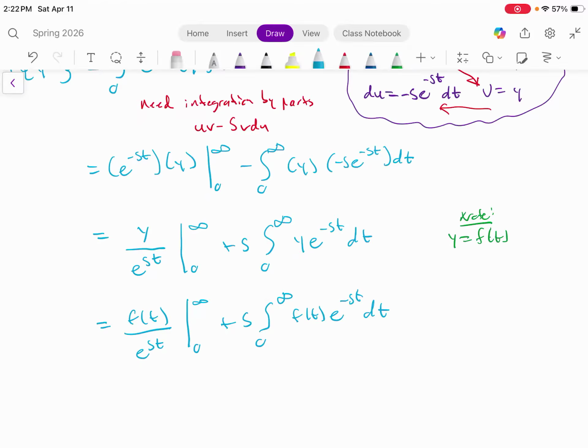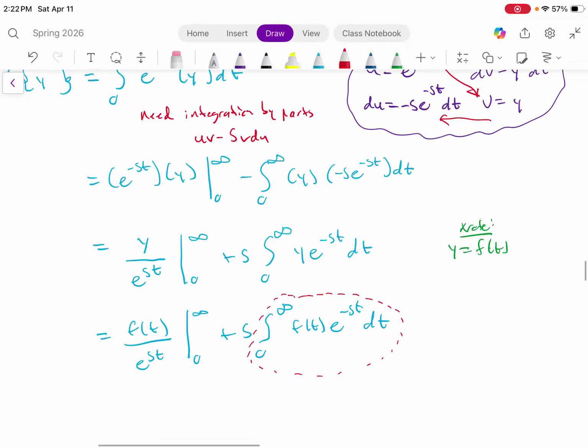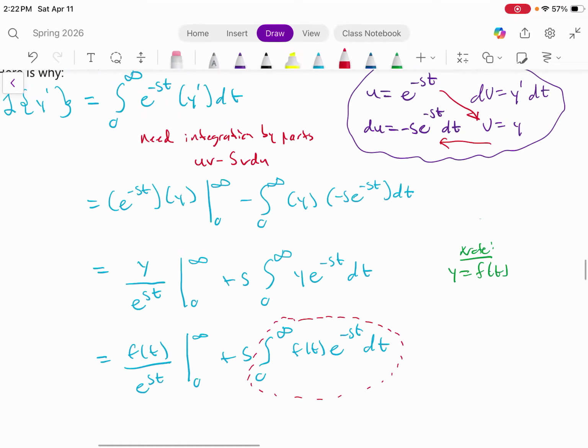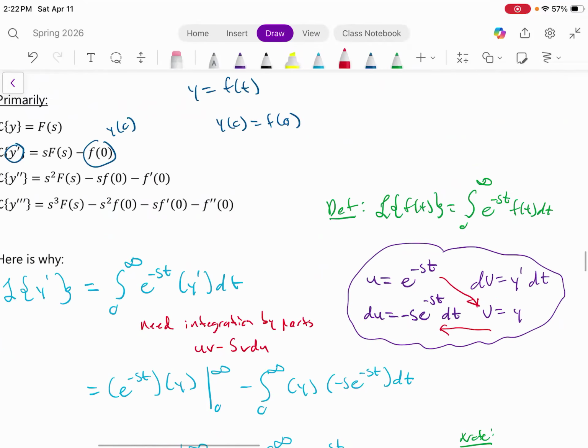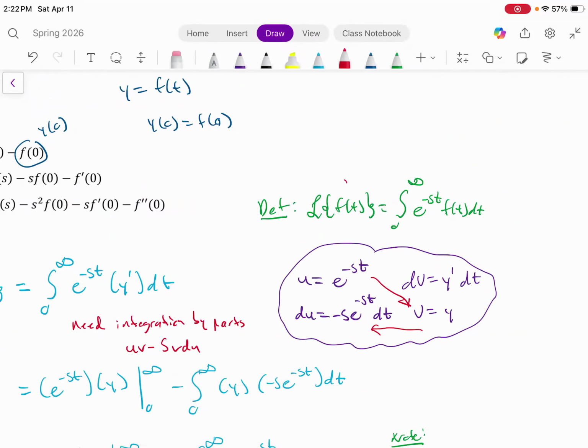Okay, so the reason I did that is because what is the integral of 0 to infinity f of t times e to the negative st dt? What is that? Well, what that essentially is, is the Laplace of f of t. That's exactly what we have right here.